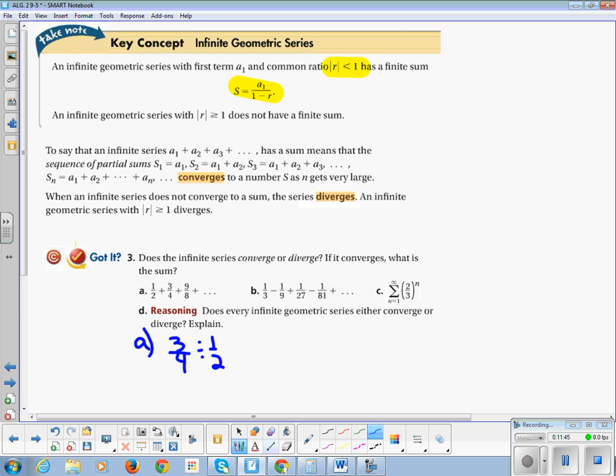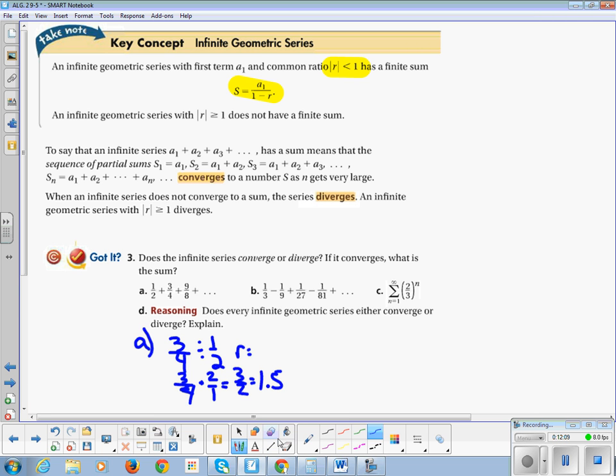And just for fun, we're going to do this little fraction exercise. 3/4 divided by 1/2 is the same as 3/4 times 2 over 1, which then gives us 3/2. 3/2 is our common ratio. That's equal to 1.5.